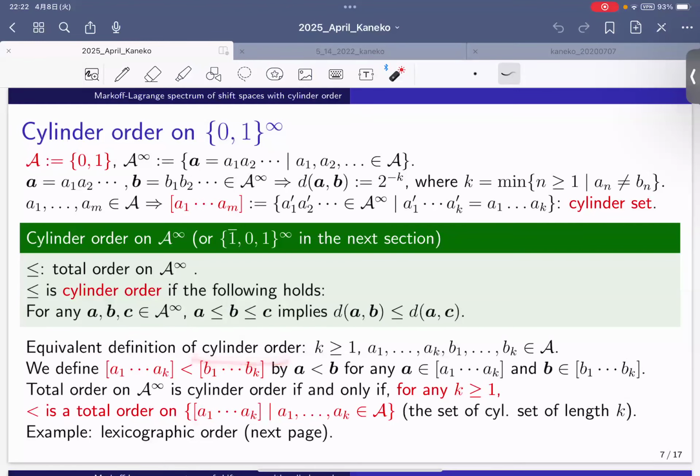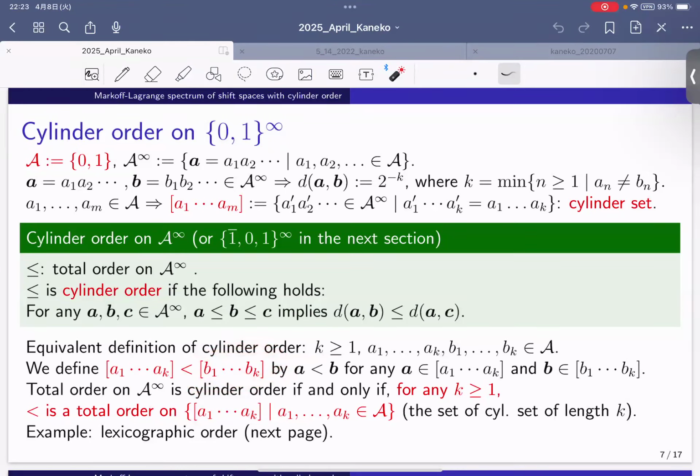Let k be a positive integer, and A1 through Ak is a word of length k, and B1 through Bk is a word of length k. We define this cylinder set to be less than this cylinder set if and only if for any A from this cylinder and B from this cylinder, A is less than B. That means any element of this one is less than any element of this one.